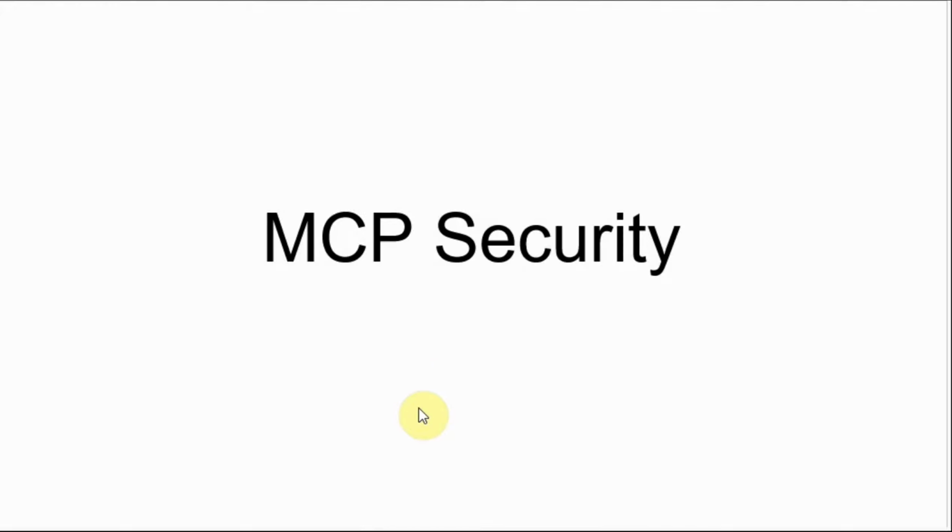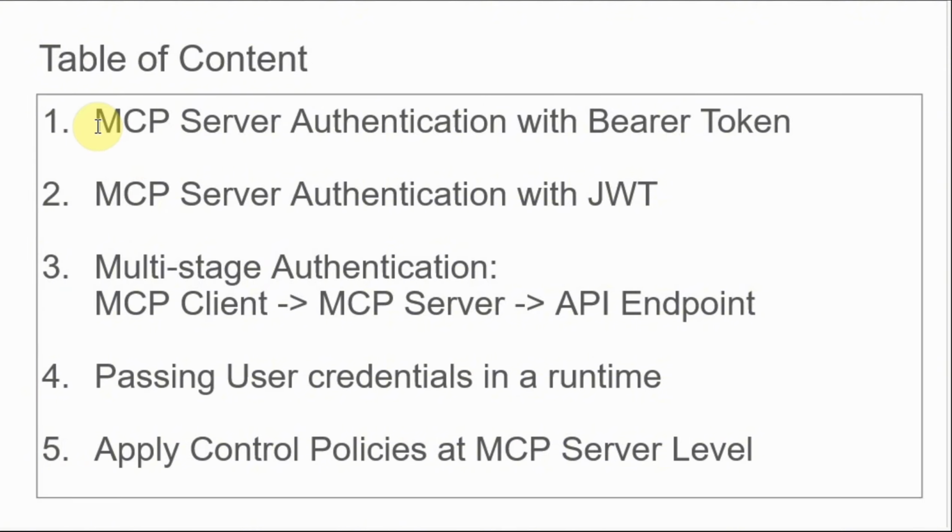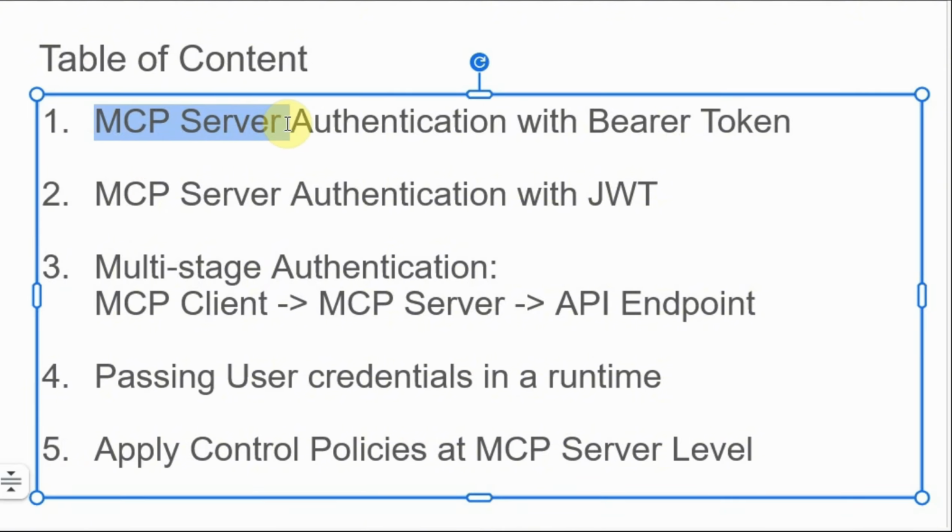During our MCP security journey, we are going to cover the following topics. Here is the tentative list which I have in mind right now. It might be changed later along the way, but these are the basic topics I would like to talk about. So first of all, how can we set up an MCP server protected with authentication using a bearer token?